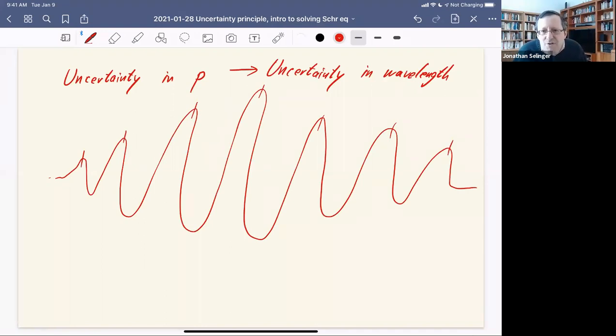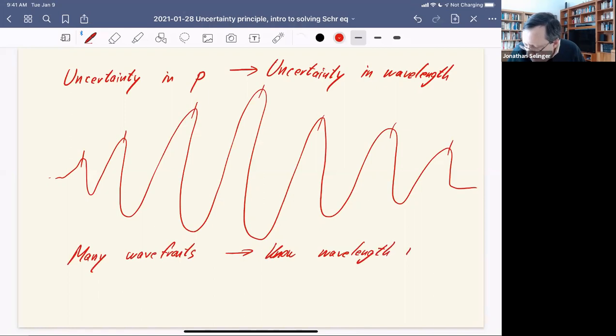If you see a lot of wave fronts like that, then you know the wavelength very well, which means that the uncertainty in wavelength is small, which means the uncertainty in momentum is small.